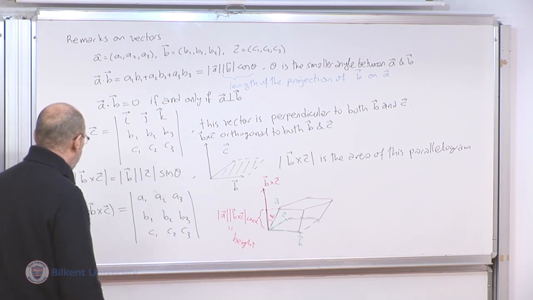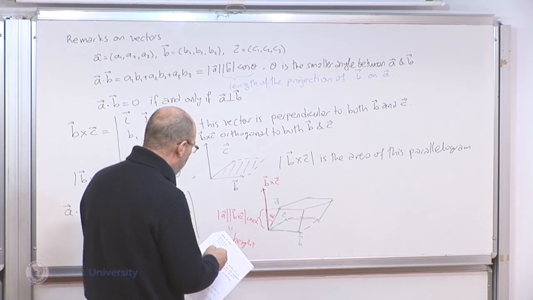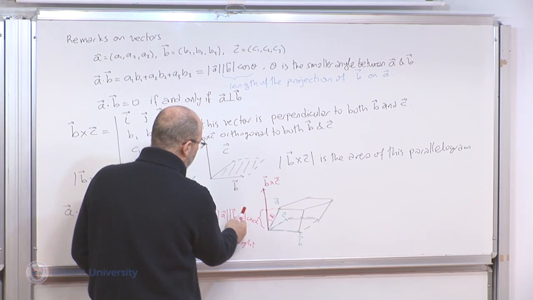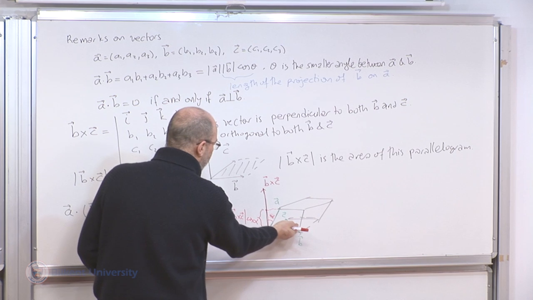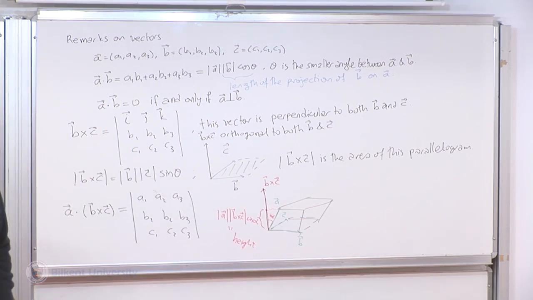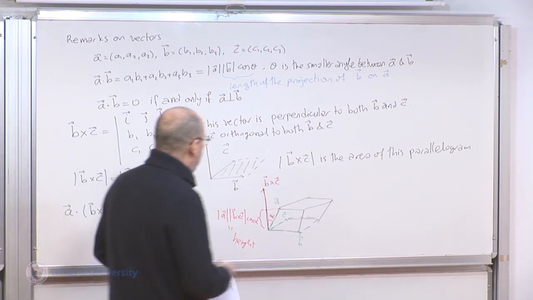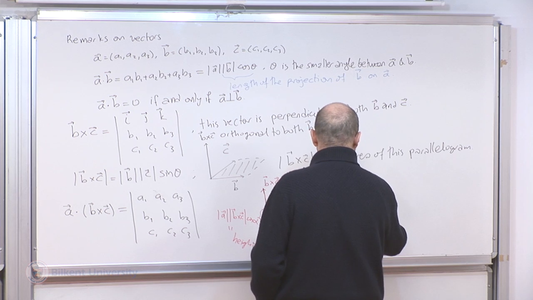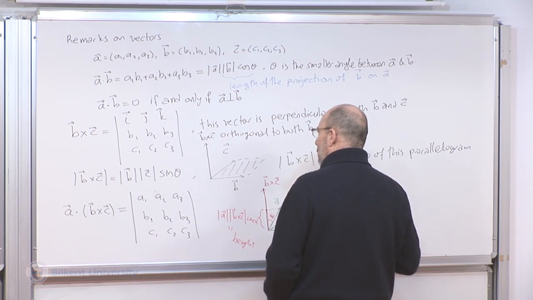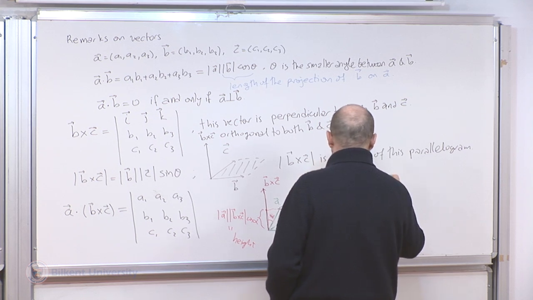So this number is equal to the volume of this parallelepiped, because the length of B cross C was the area here, and I'm multiplying with the height. So this is then equal to, well, this has to be in absolute value.